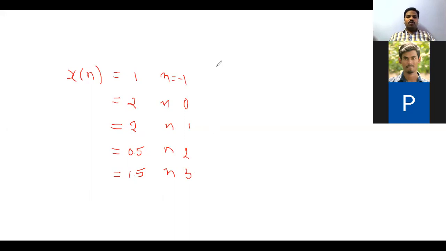Now we are going to study the sequential representation: how this signal x of n is going to be represented in sequential form.